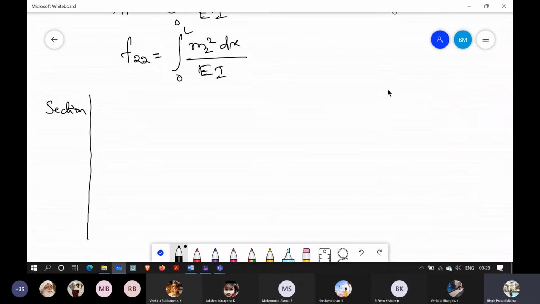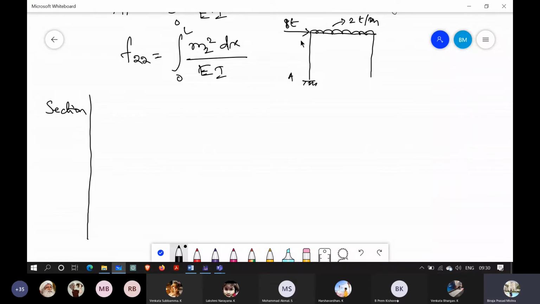Now I'm drawing the structure again here for your convenience. This is the current structure. This is 2 ton per meter. Here we have got 8 ton.